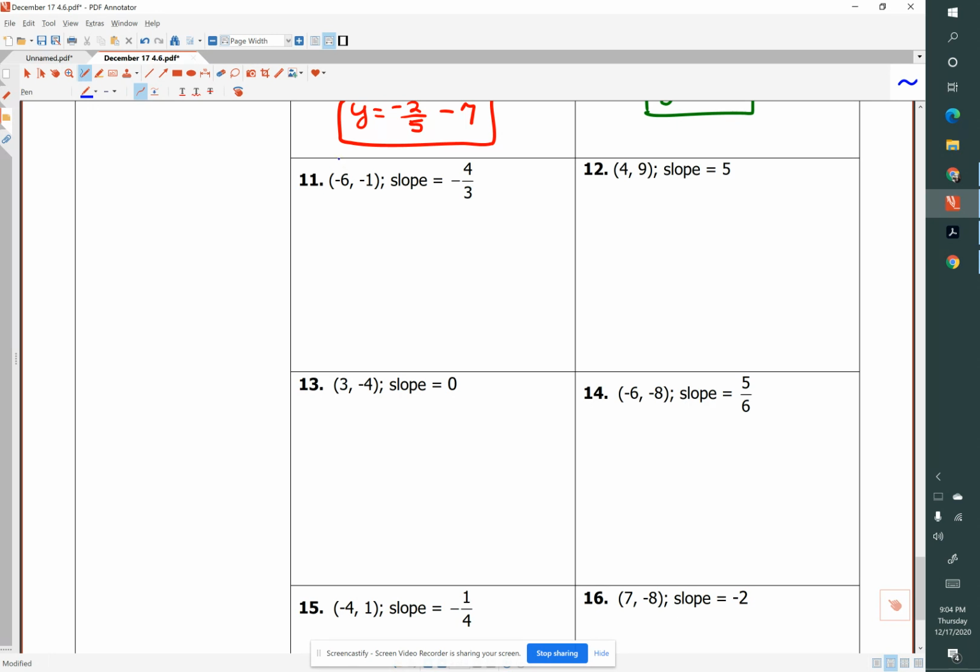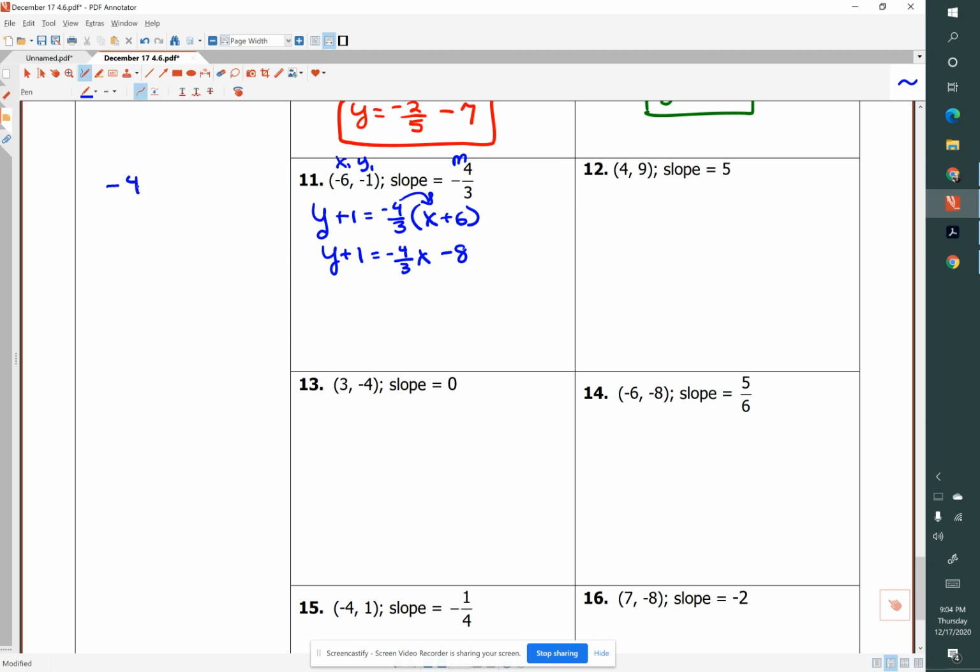So we have our x sub 1, y sub 1, and our slope of negative 4/3. Y minus the negative 1 is plus 1 equals negative 4/3 times the quantity of x minus negative 6 is plus 6. Now we distribute. Y plus 1 equals negative 4/3 x, and 4/3 of 6, negative times a positive will be a negative 8.